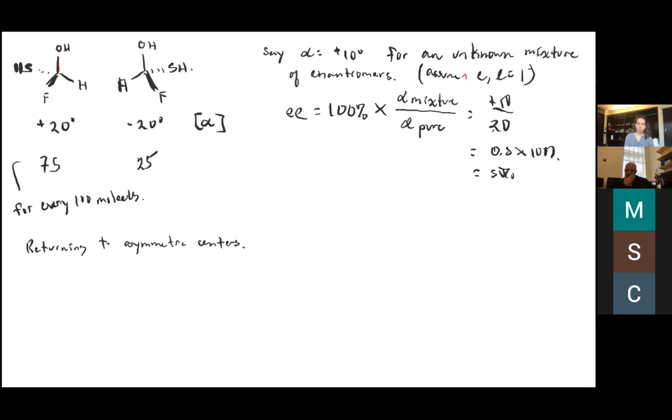All right, so I just want to say a couple comments about asymmetric centers. We're not limited to carbon, okay? Anything with 4 different substituents can in principle form an asymmetric center. And so, for example, ammonium salts.